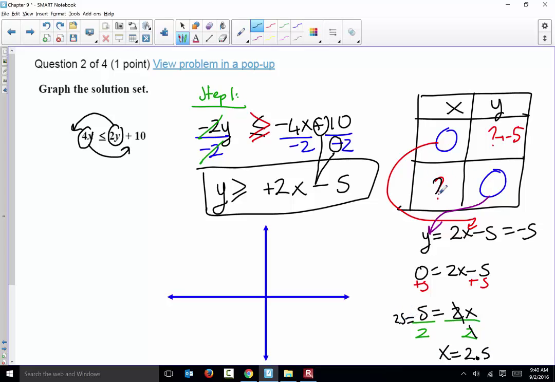Yep, 2.5 it is. All right, we have 2 pairs now, 0 comma minus 5 and 2.5 comma 0. And are we making a solid line? Yes, we are.